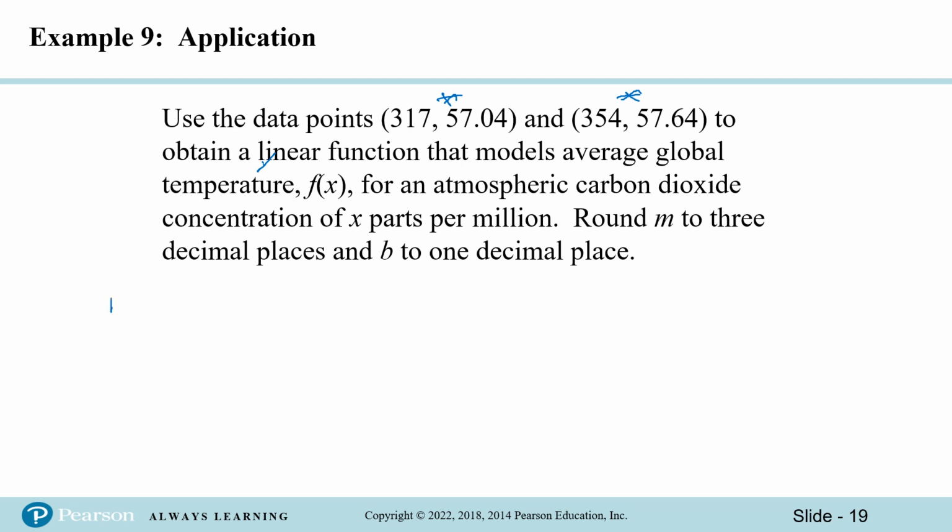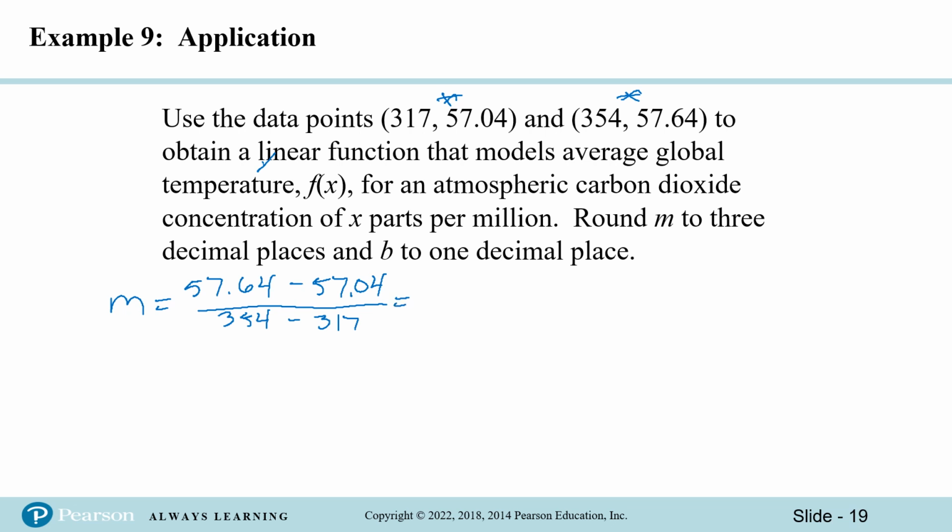So in order to find the slope, we plug it into the formula, y sub 2 minus y sub 1. So we take our second y value, subtract our first one, and then we divide that by our second x value minus our first one.